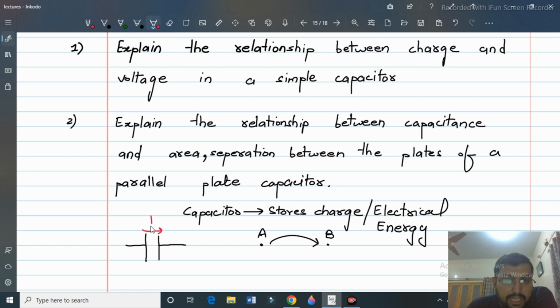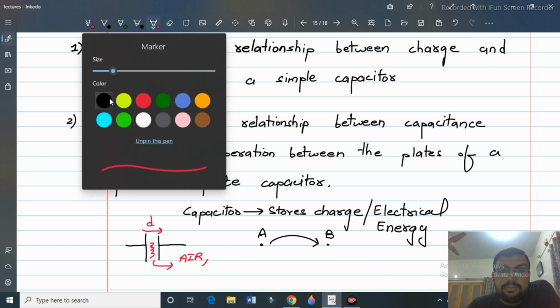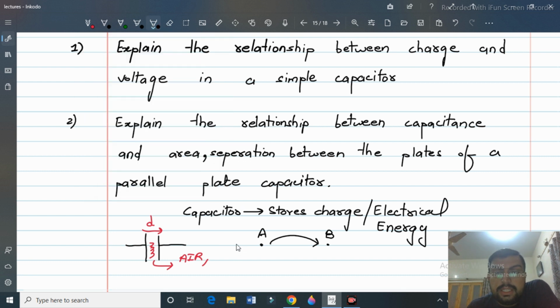I am highlighting it with the help of a wet marker so it will be easy to visualize. The distance between the plates is d, and it can have air or some dielectric between them. So this is the simplest form of capacitor, the parallel plate capacitor. That is the basic knowledge of capacitors that you need before proceeding.